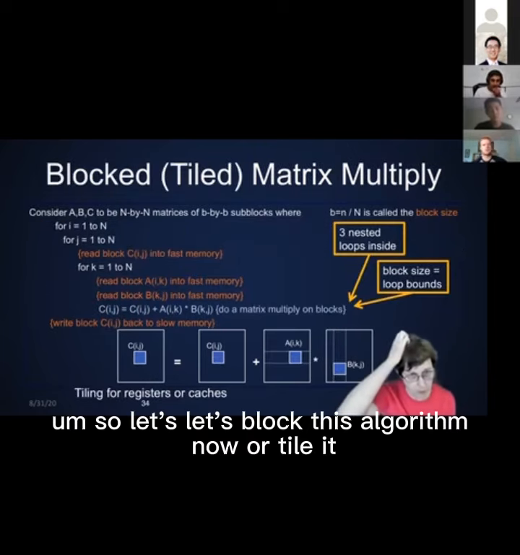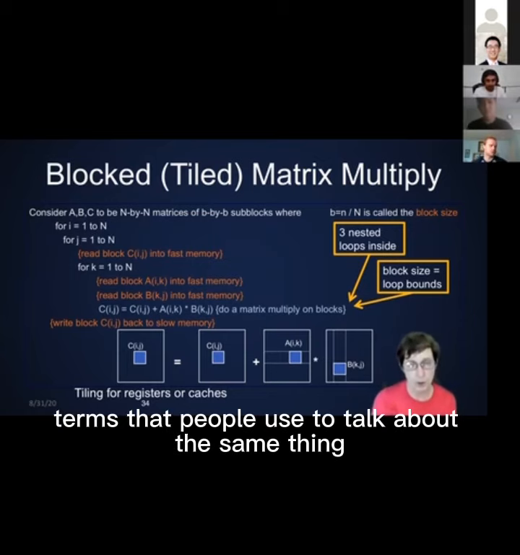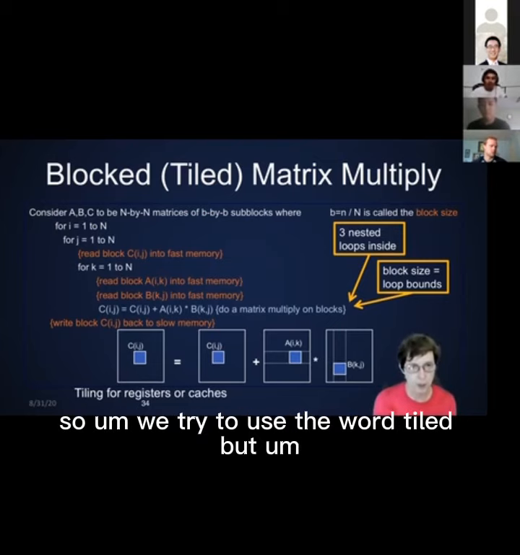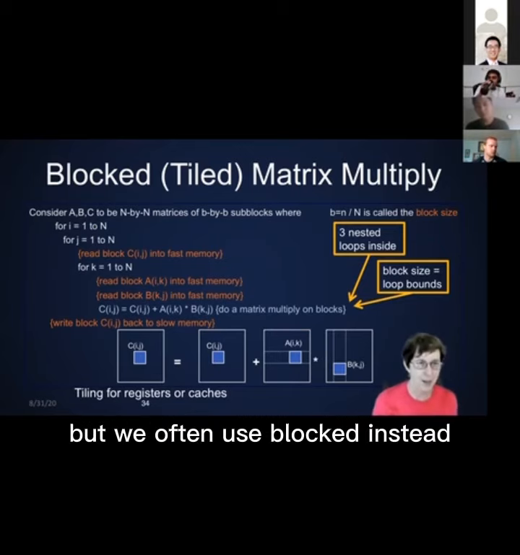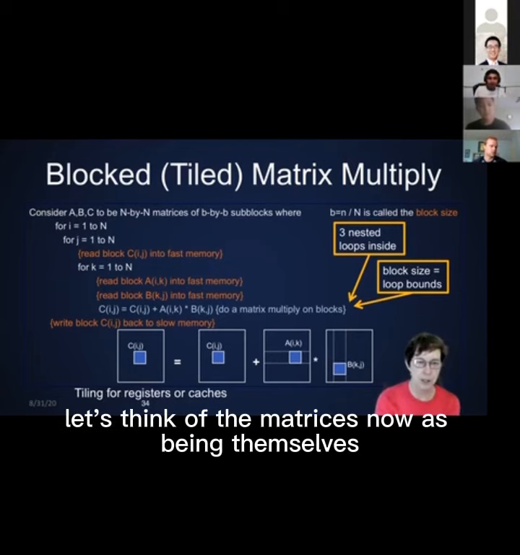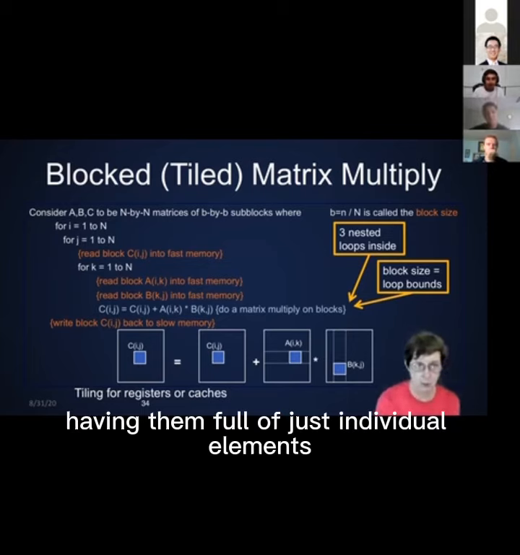So let's block this algorithm now, or tile it. Those are 2 terms that people use to talk about the same thing. Blocked gets used in a number of different ways unrelated to this in computer science. So we try to use the word tiled, but we often use blocked instead. So let's think of the matrices now as being themselves full of matrices rather than full of just individual elements.